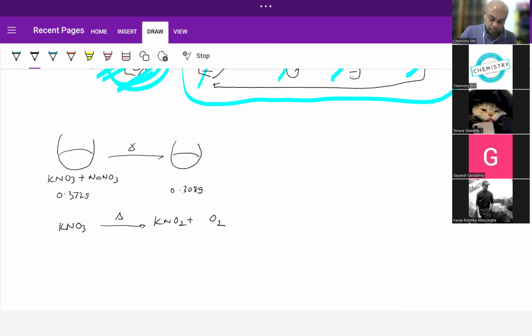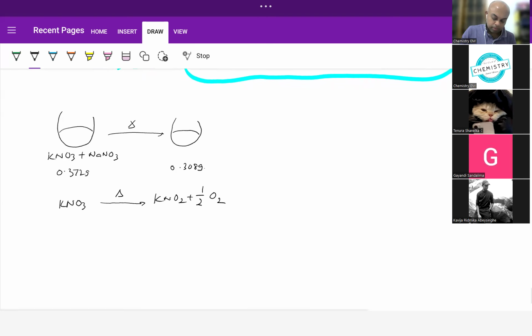And you can put half here to balance this equation. And NaNO3 follows the same: NaNO2 plus half O2.